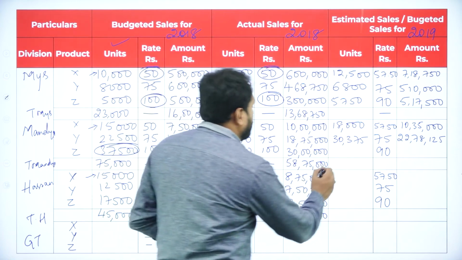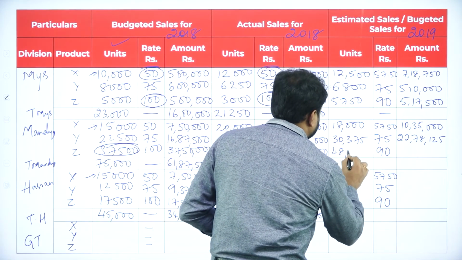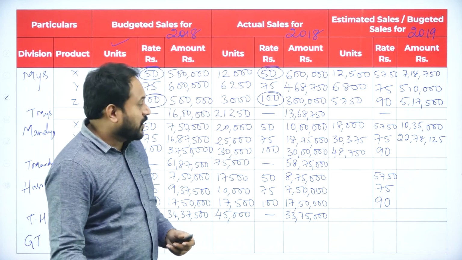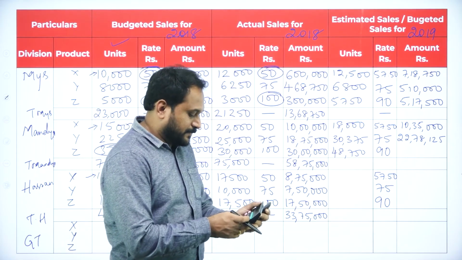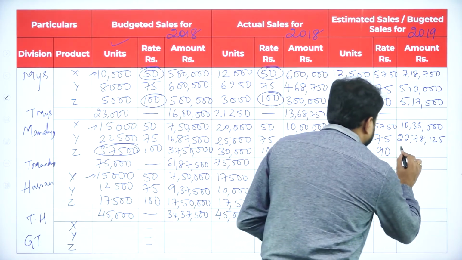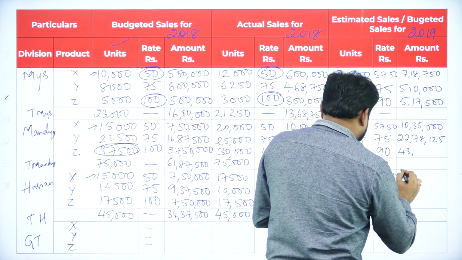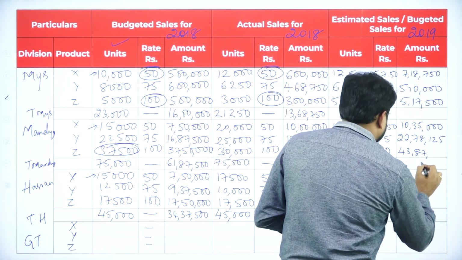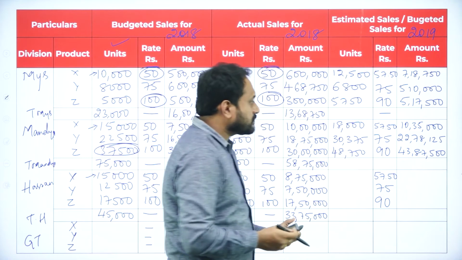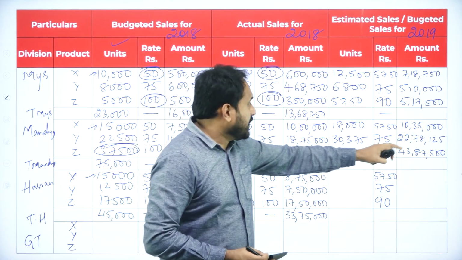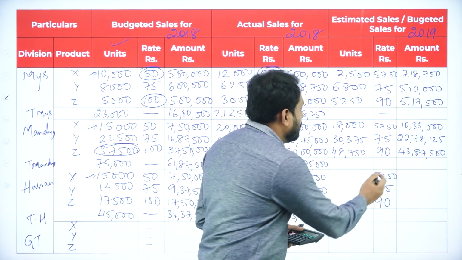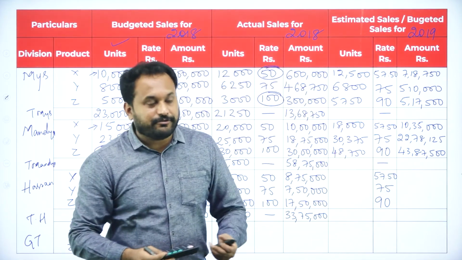Multiply 48,750 with 90. So we got 43 lakh 87,500. Now what we should do is add and write it. Don't go with the calculation of price.